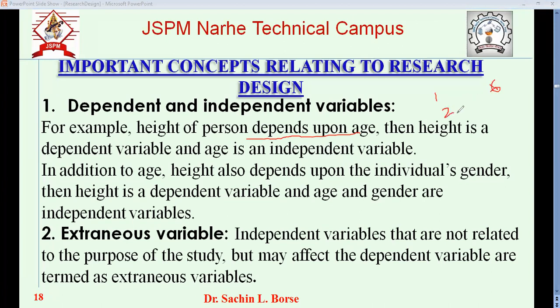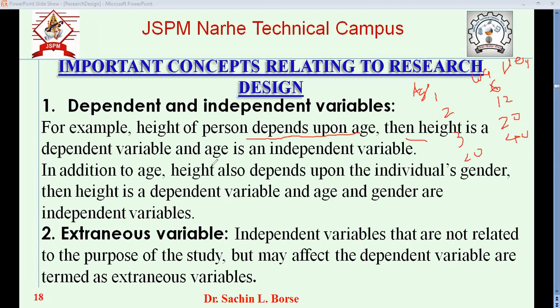A person with the age of 2 years can be 12, then 20, like this. With the age of 20, it can be 40, like this. So age and weight as well as height, they are related.